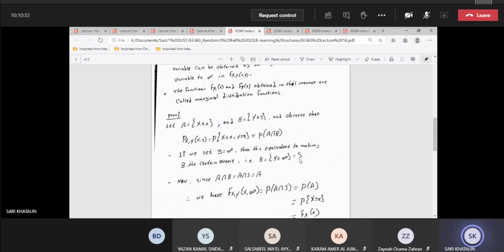The sample space is the universal set. So the universal set means it's the event less or equal to infinity. Everything is less or equal to infinity. So in this case, B is equal to S, which is the universal set, or the sample space.